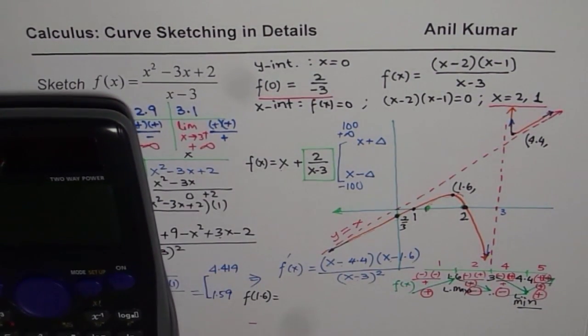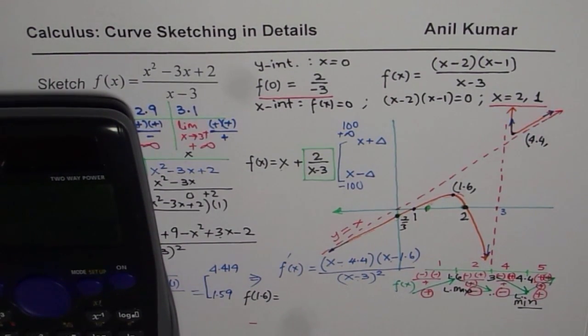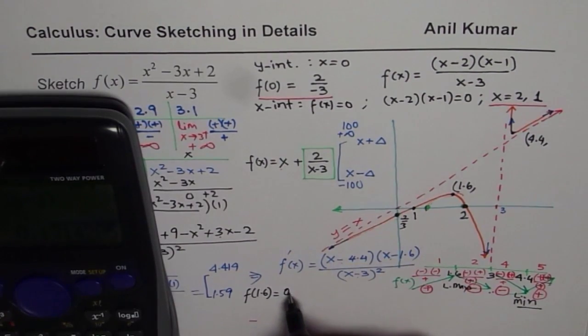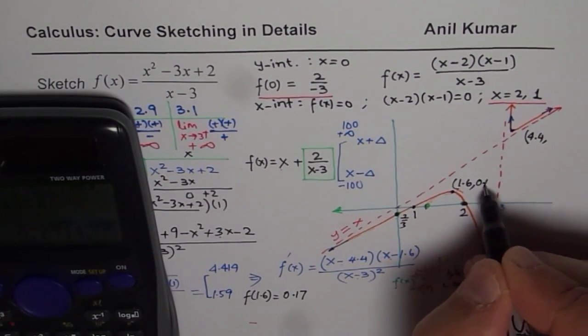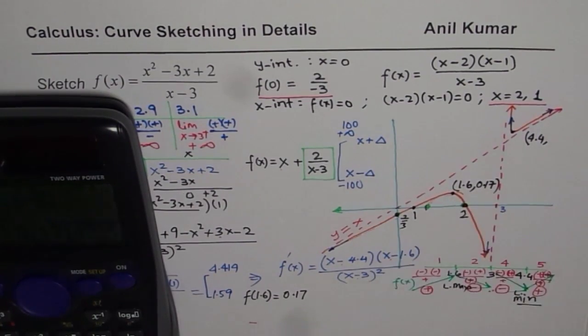Substitute 1.6 in the equation. So you get 1.6 squared minus 3 times 1.6 plus 2, divided by, within brackets, 1.6 minus 3. So in decimals it is approximately equal to 0.17, right? So the y value is 0.17. That's the maximum.